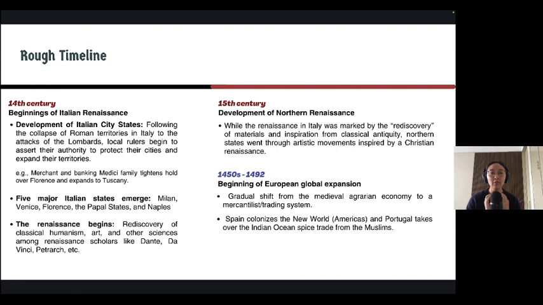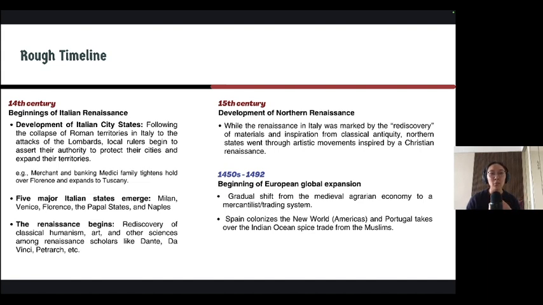So, following the collapse of Roman territories in Italy to attacks of the Lombards, a Germanic group, local rulers begin to assert their authority to protect their cities and expand their territories. So, if you look at these cities, actually, not everyone who rules them is a monarch.